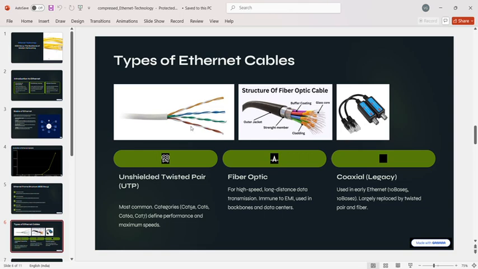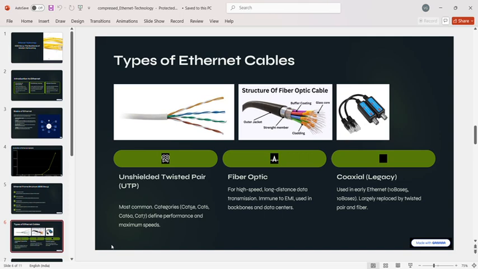In this picture, we see two wires twisted together and unshielded, so it's called unshielded twisted pair. It consists of many categories like Cat 5E, Cat 6, Cat 6A, Cat 7, which define performance and maximum speed.